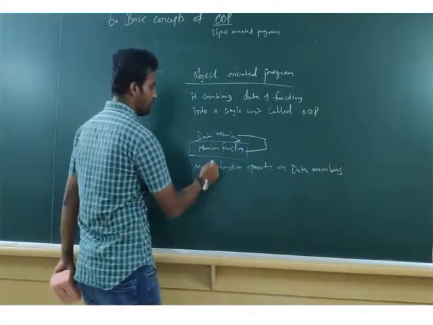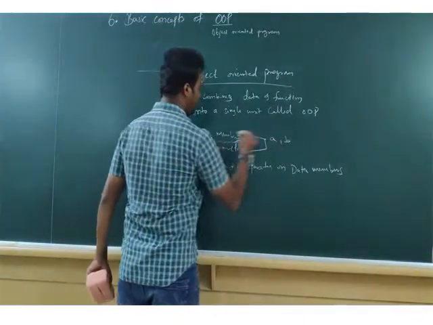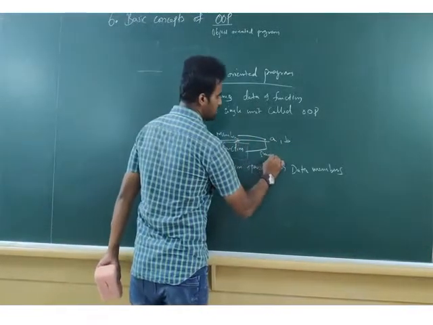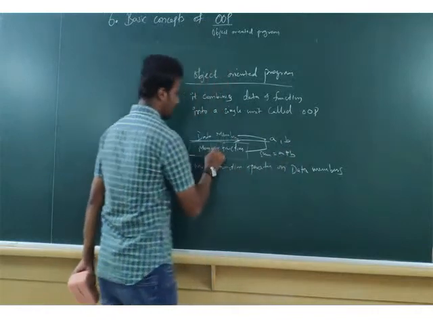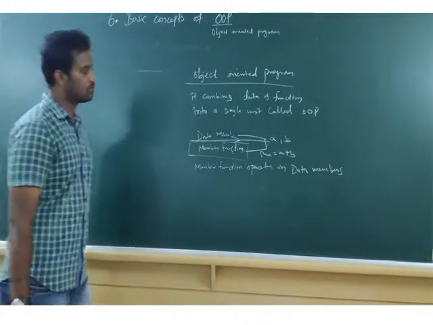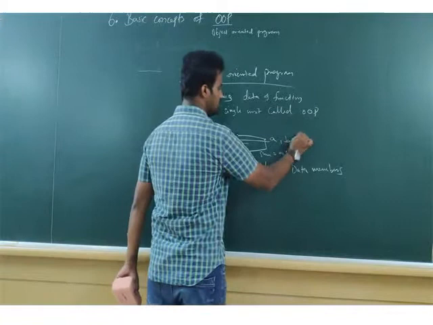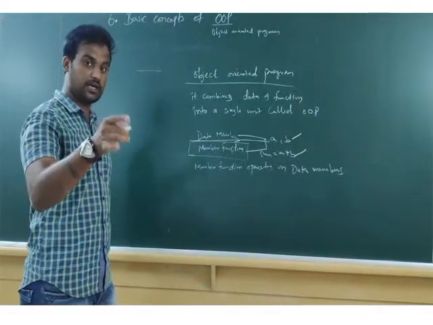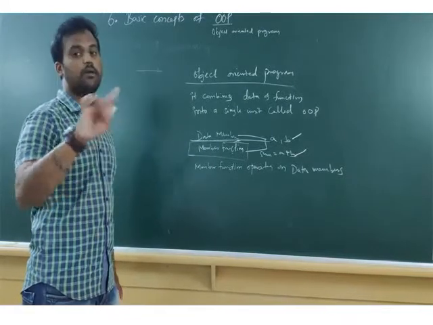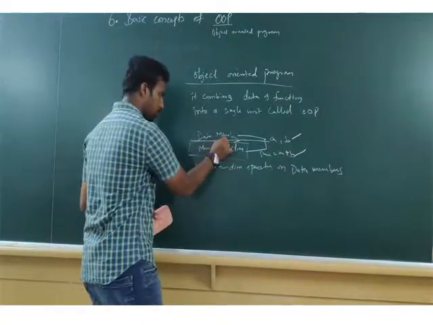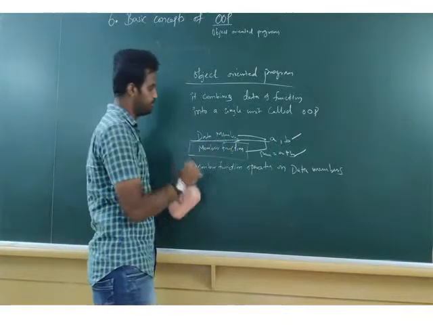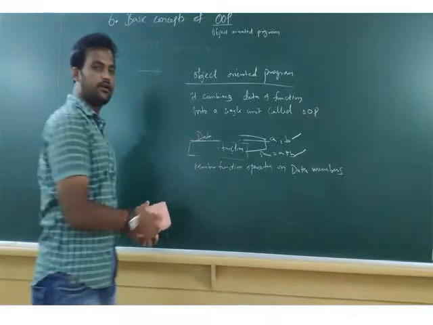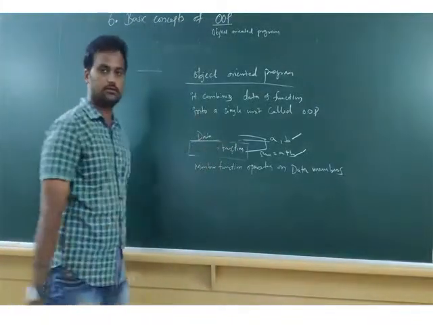So that is what I told you. A and B will be from data, and sum is equal to A plus B will be from the member function. So this is the difference. We can call it data member, and we can also call it member function. If you remove this member, what remains is data and function.